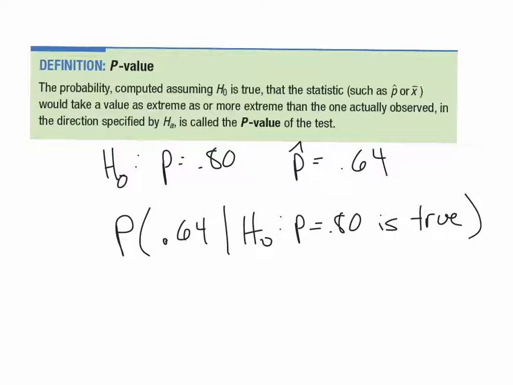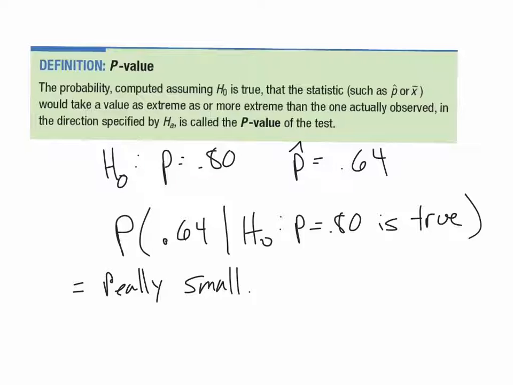Now, if the probability of getting 0.64 is really small, then we're going to start to wonder, since it's so unlikely to occur, maybe his shooting percentage isn't as good as what he says.